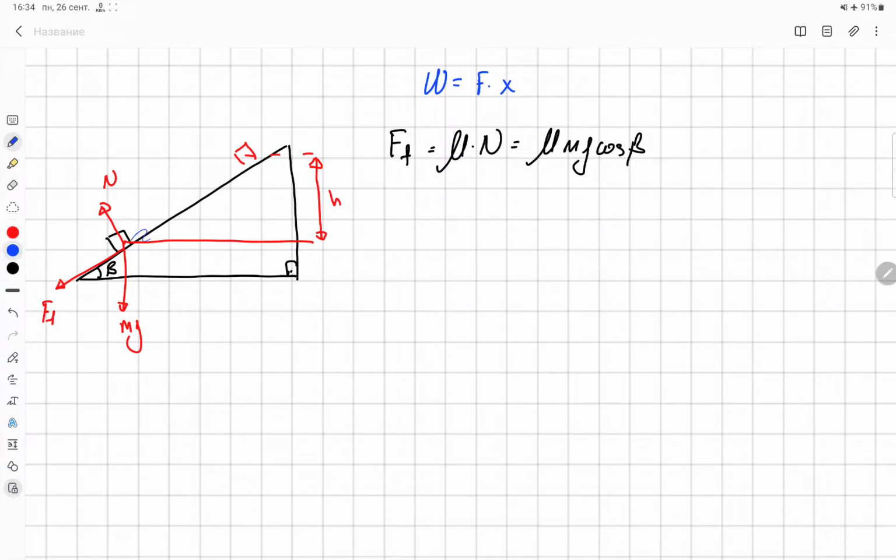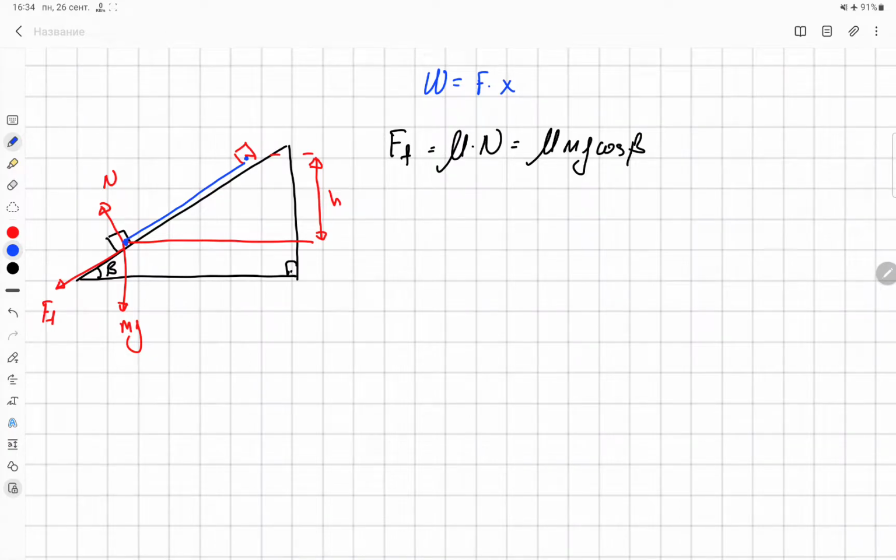This object is moving from this point to this point. And the friction force is parallel to this displacement. It means we can directly apply this equation because angle between friction force and displacement equal to 0.